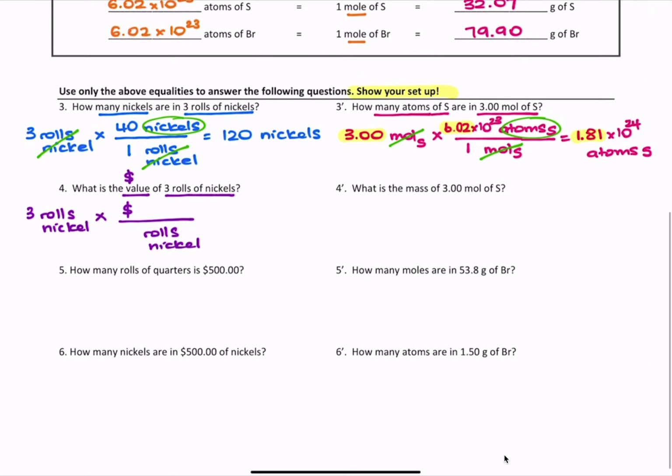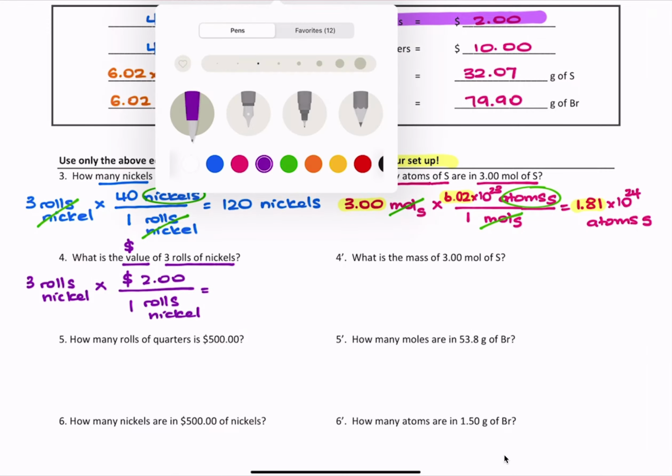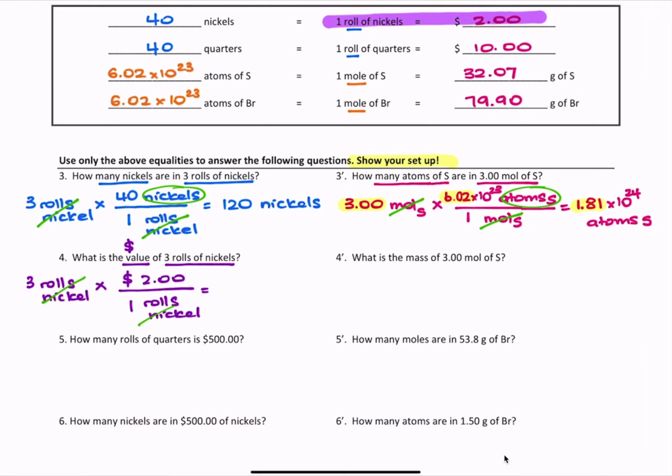If we look at the table above, we know, okay, per this equality right there, that a roll of nickel is $2. A roll of nickel is $2. Therefore, 3 rolls. Again, we're going to cancel the roll. We're left with the dollar value is equal to $6.